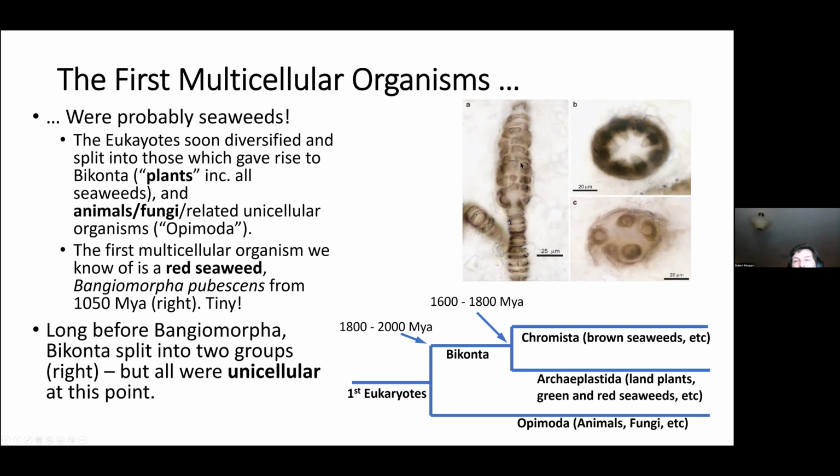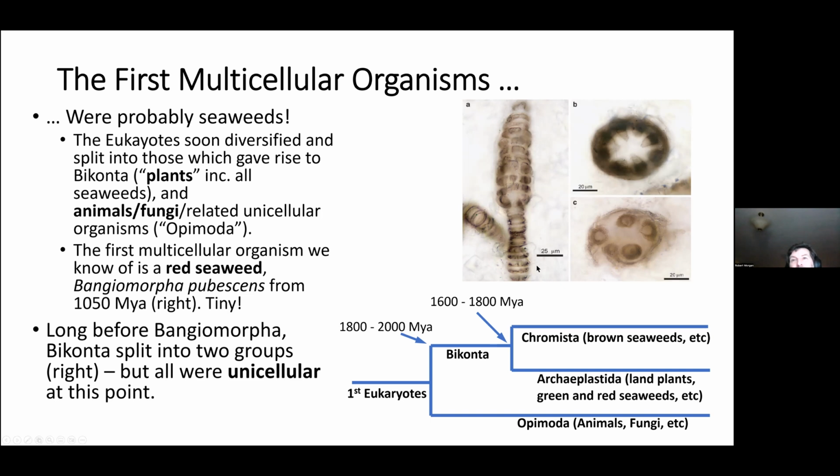But the first one of these we know of at all is this little thing here, Bangiomorpha, which we've got fossils of from 1,050 million years ago. That's almost twice as old as the first multicellular animals that we have definite evidence for.